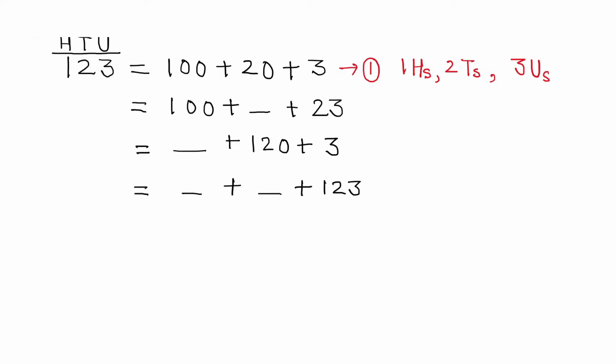Maybe we can write it down somewhere for further discussion. So I'm drawing a line here where H is nothing but 100, T is nothing but 10, and U symbolizes unit.